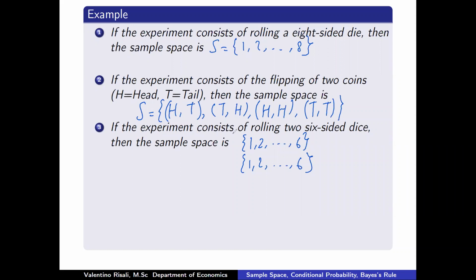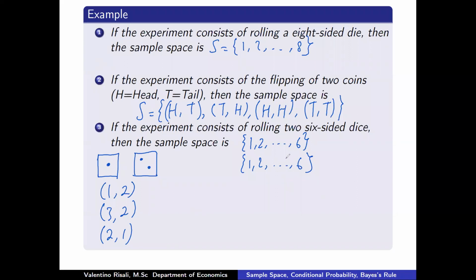Okay, let's imagine if the first die shows 1, and the second die shows 2, and we can record this outcome with 1, 2, right? And then, of course, there are other possible outcomes, such as 3, 2 or 2, 1, and so on.